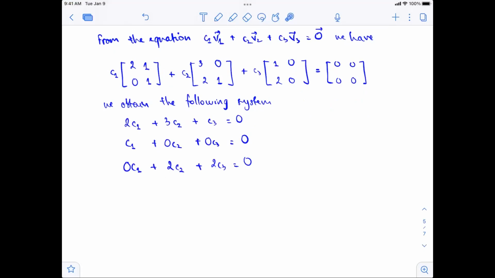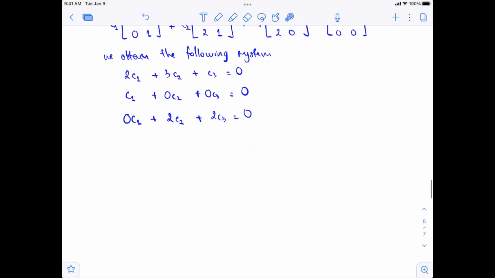And the last equation is C1 plus C2 plus 0 C3 equal to 0.